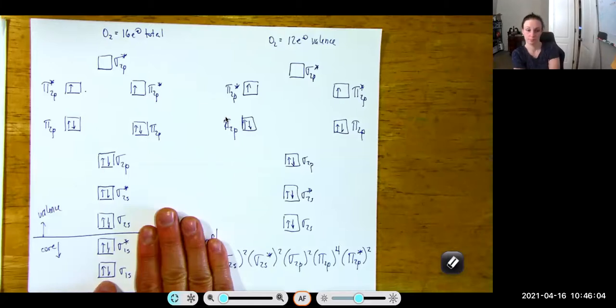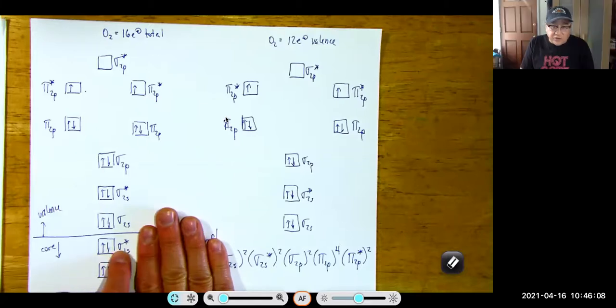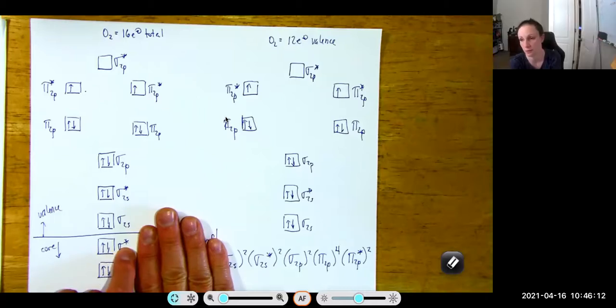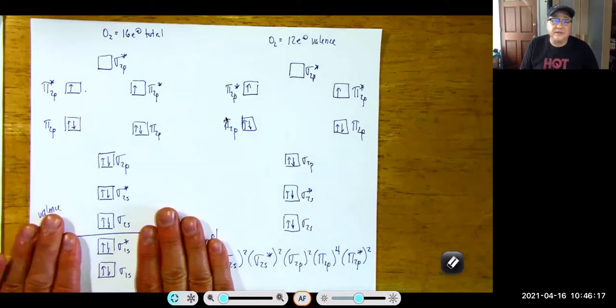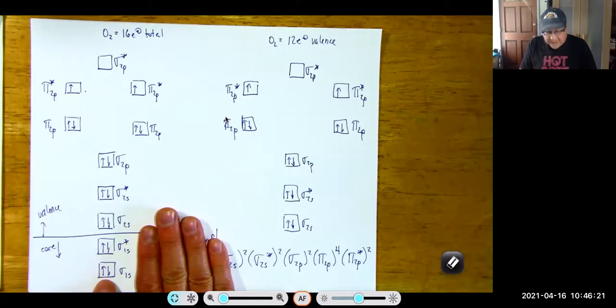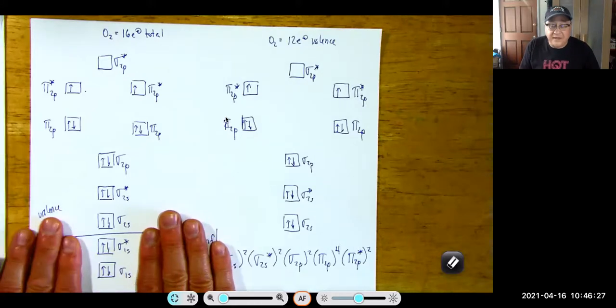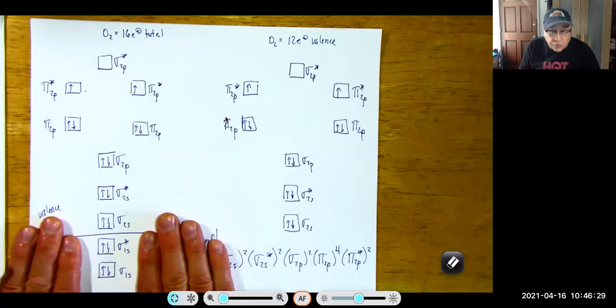What is that one? That's a sigma bond. But what about the star? And then that makes an antibond. Antibond. What do antibonds do to regular bonds? Cancel them. Okay, so here's a sigma bond, and here are 2 electrons that fully cancels that sigma bond. So how many sigma bonds does He2 have?